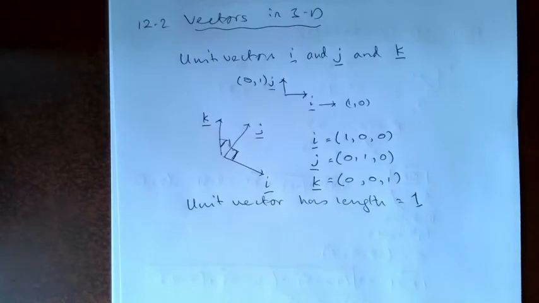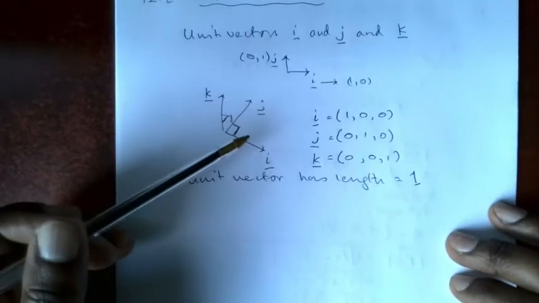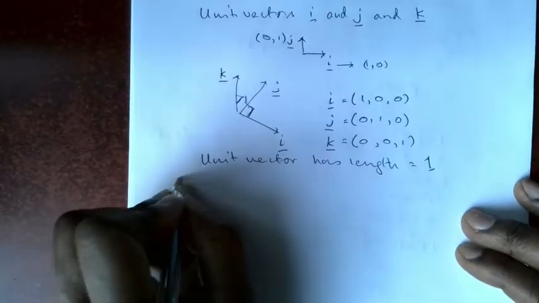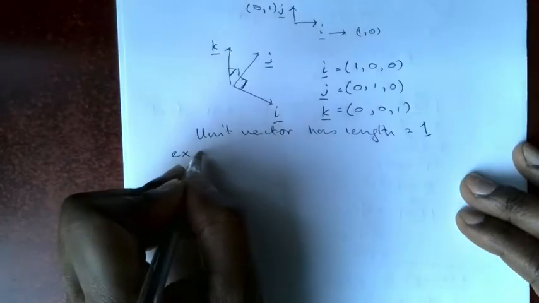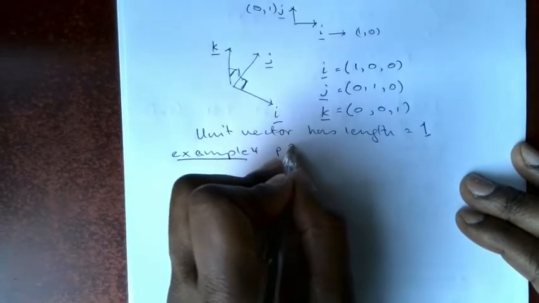Okay, so you can take any coordinate and you can express it in terms of i, j, and k. So we'll have a quick look at example 4, and then you'll see that on page 339.